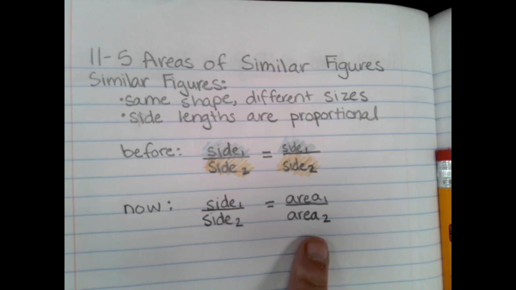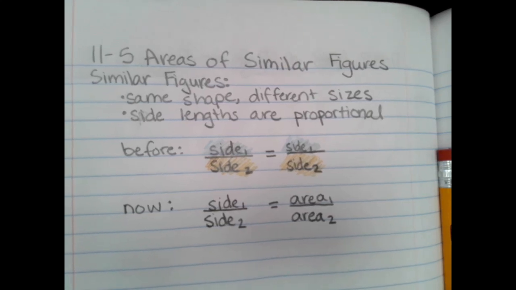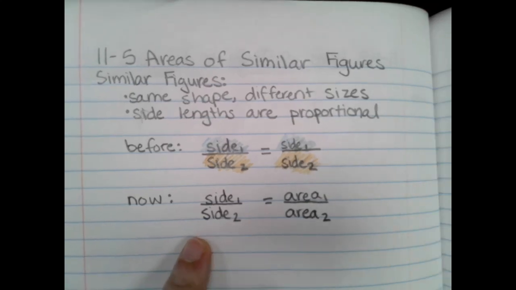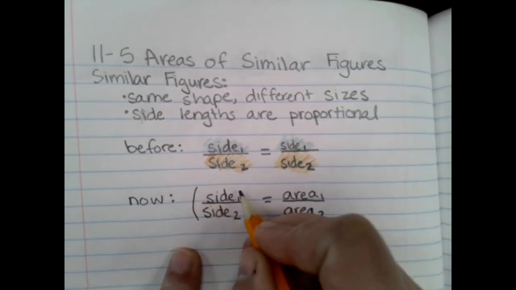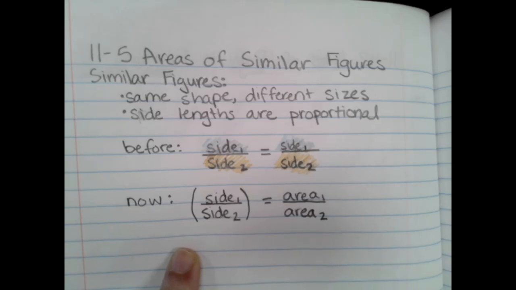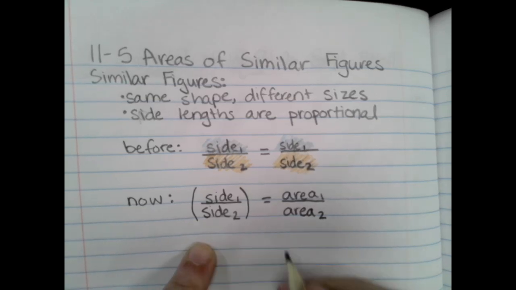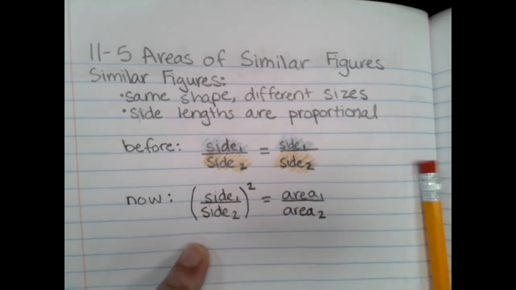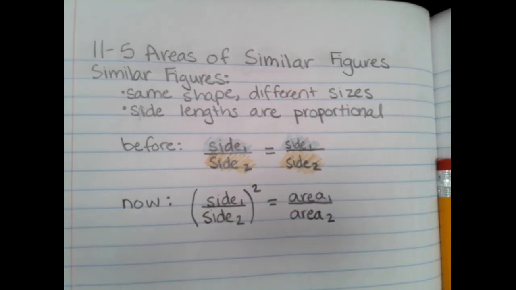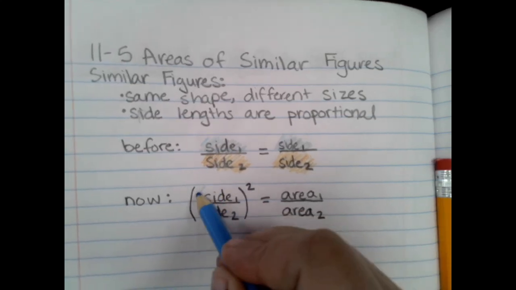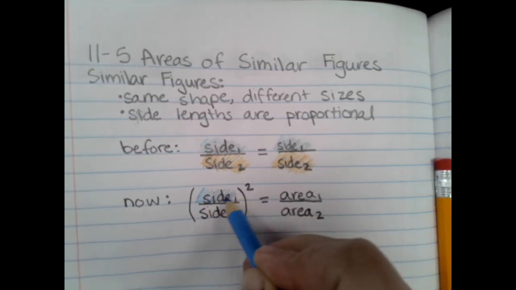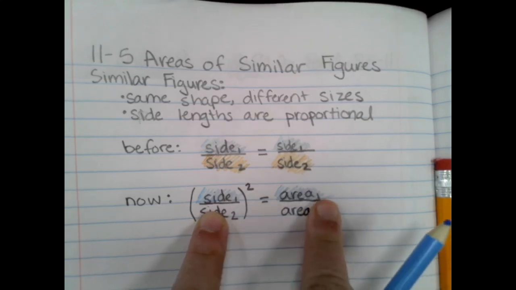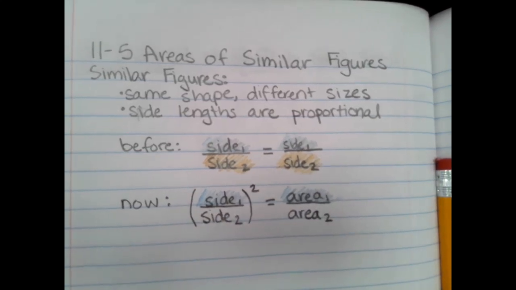So with sides to areas, we're going to take our sides and put that fraction in parentheses, and we're going to take it to the power of 2 because it's an area. An area is talking about squares. Okay, but again, the top parts have to match, so this side has to match with this area. These have to come from the same shape, and then the bottoms have to come from the same shape.